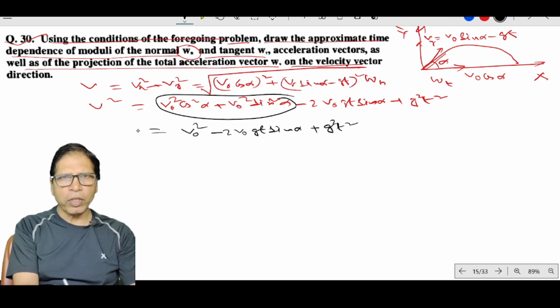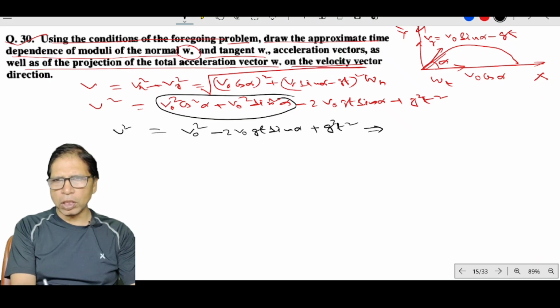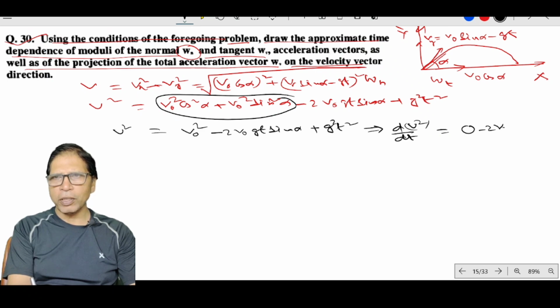Now differentiating this equation with respect to t, d dt of v square equals 0 minus 2 v naught g sin alpha plus g square into 2t.